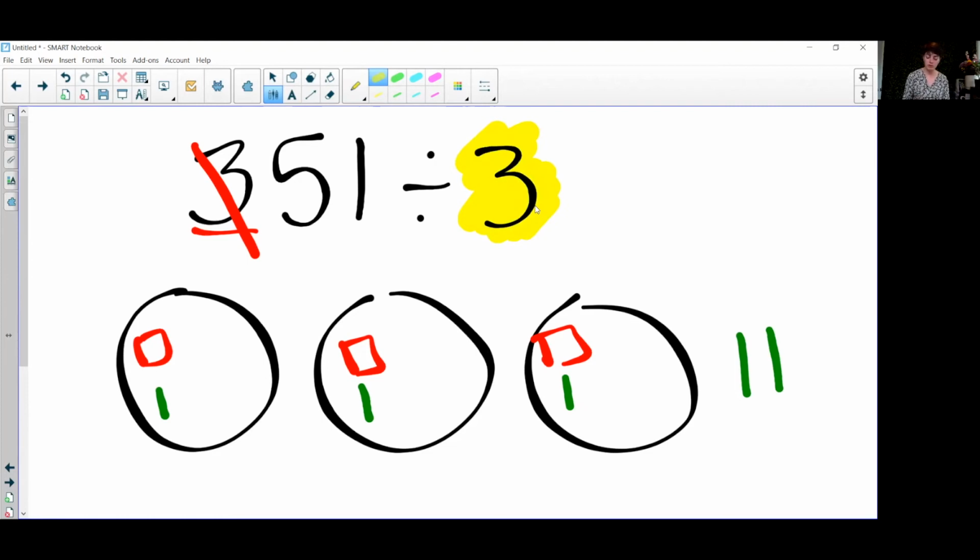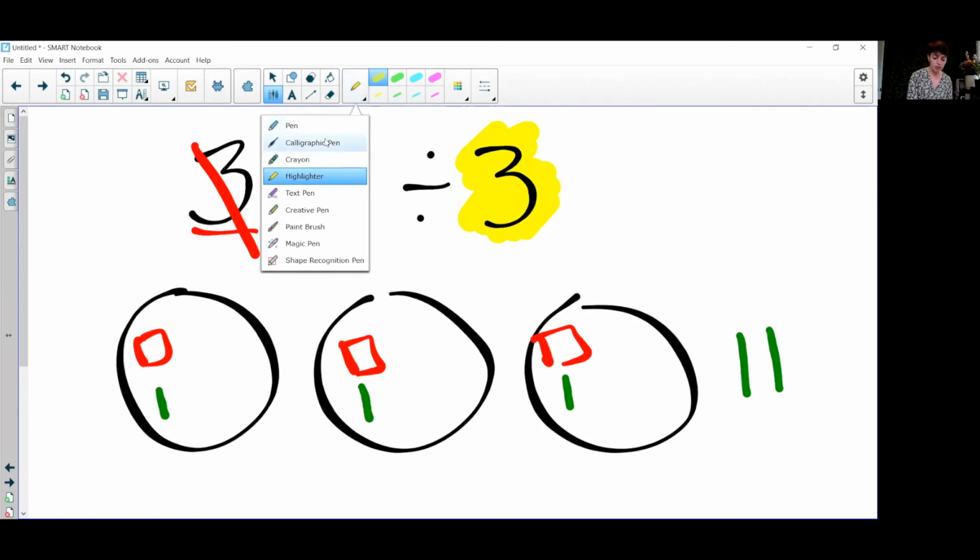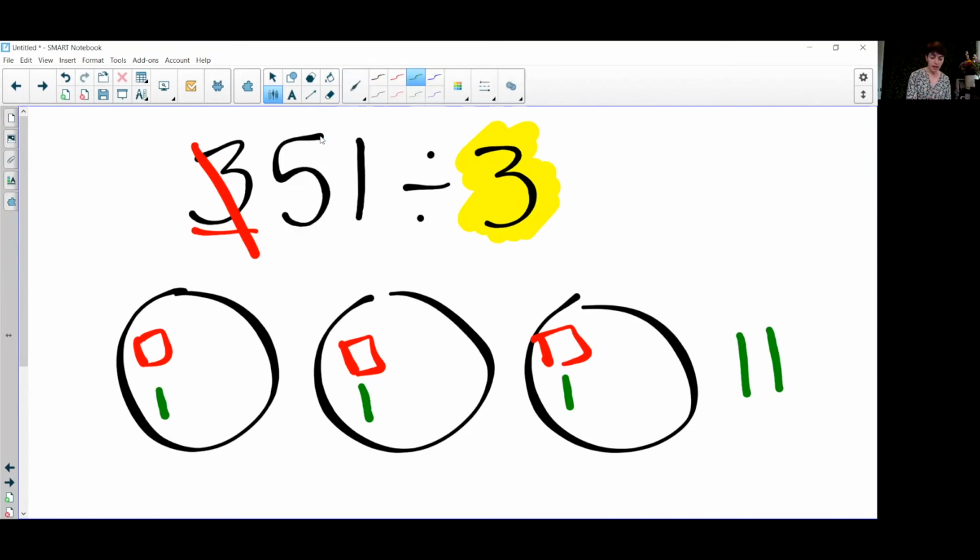So if we do have a remainder or a leftover, then it must be smaller than 3. That's the rule. So instead, I have to do something else with this number. I'm going to take these 2 extra 10s, my apologies, and I am going to do something we've done in subtraction problems.